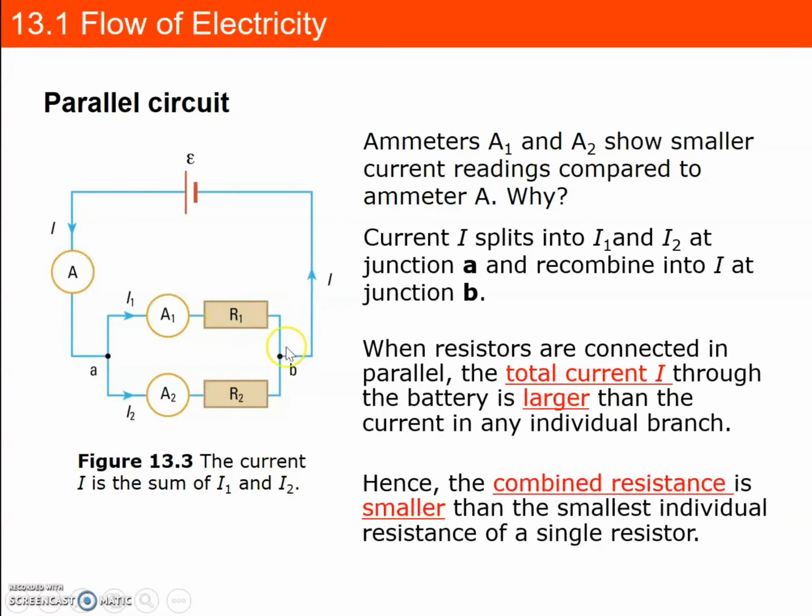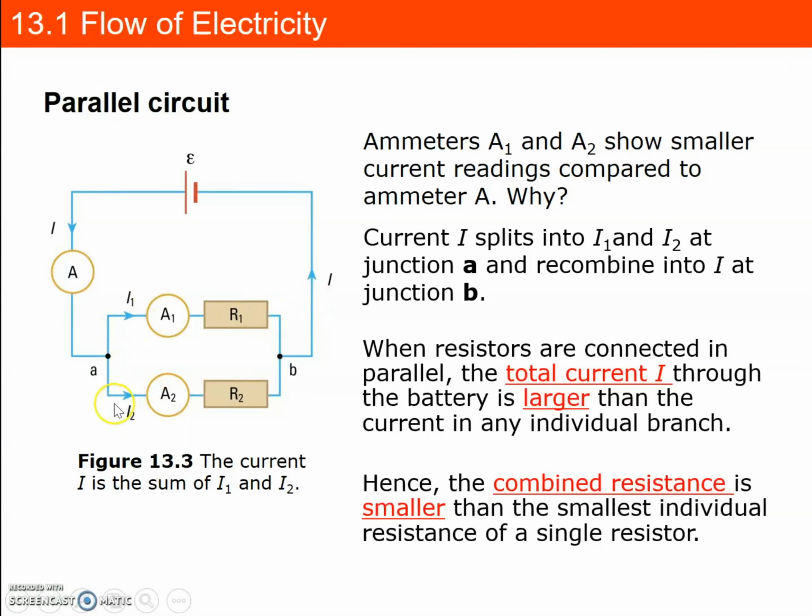So you find that when the resistors are connected in parallel, the total current I through the battery is actually greater than the current in any individual branch. So you see, total current I is larger than I1 or I2 in the individual branch. So what does this show? In order for this current to be higher, the total or combined resistance here is lower.